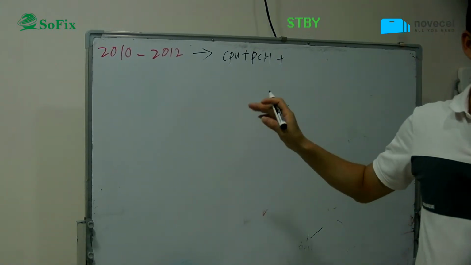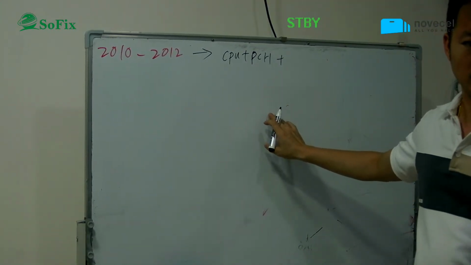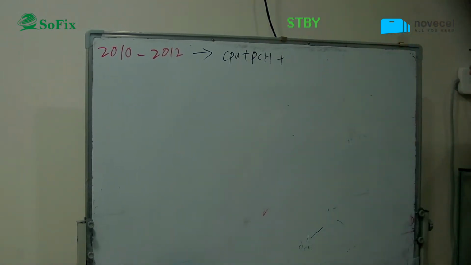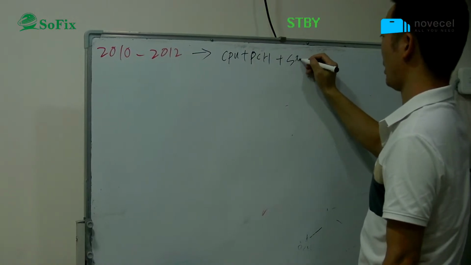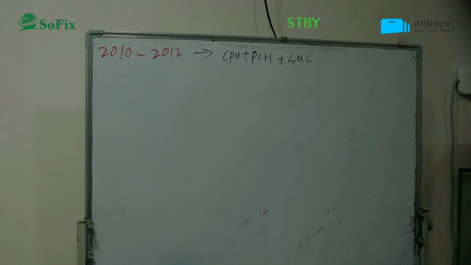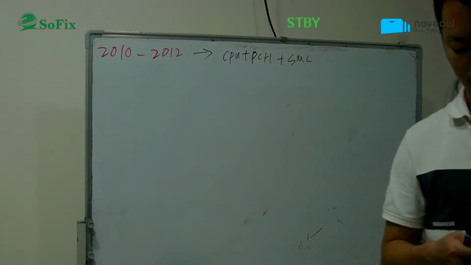And here the SSD. You can remove the SSD and remove the RAM and memory card. The SMC, PCH, and CPU are all separate parts.